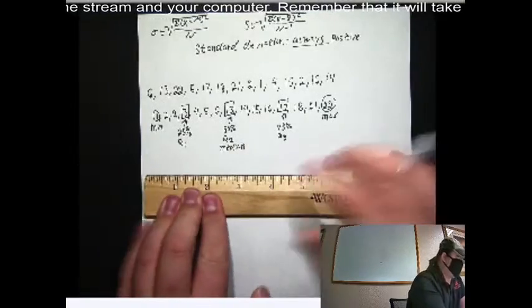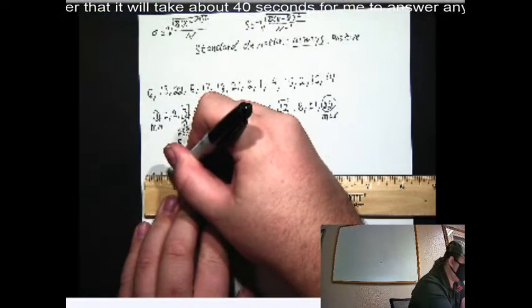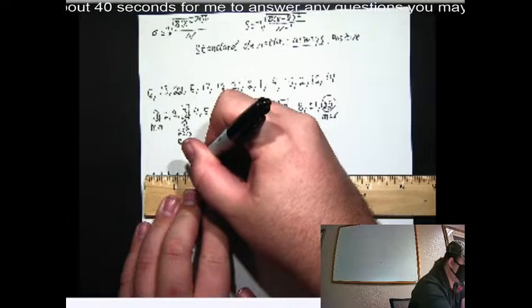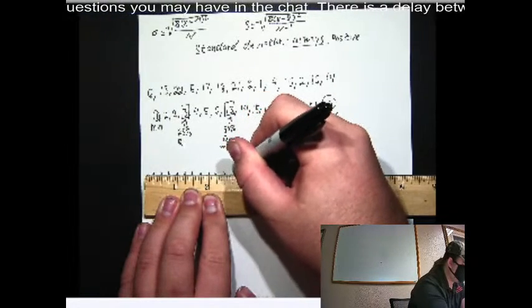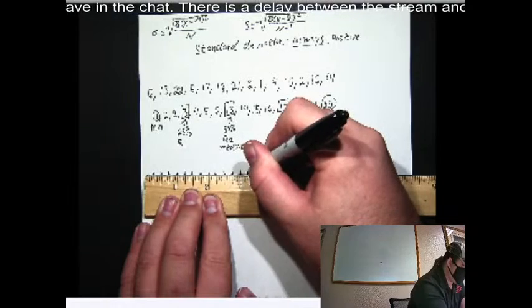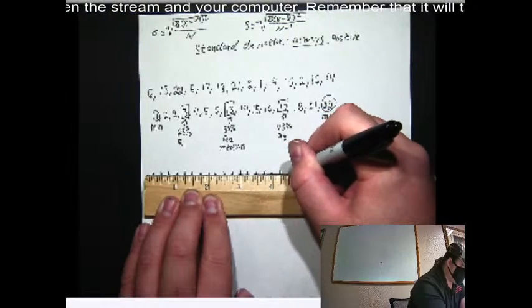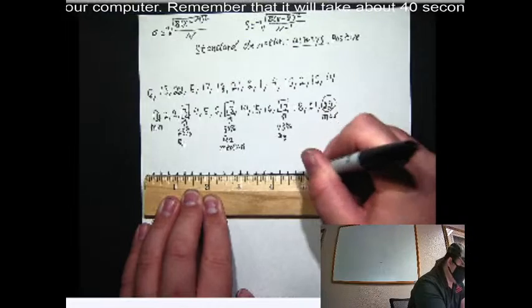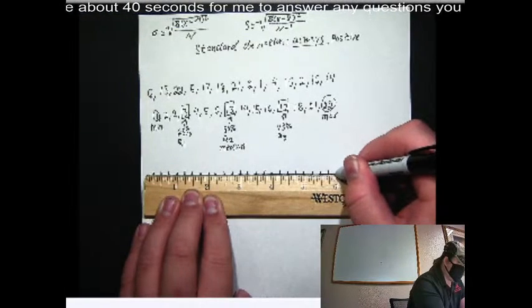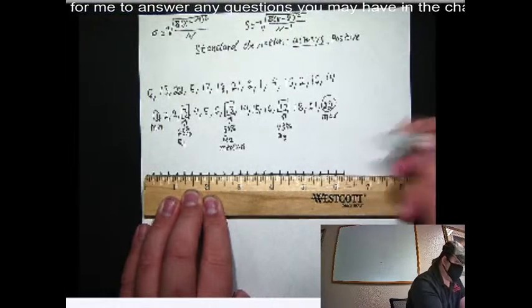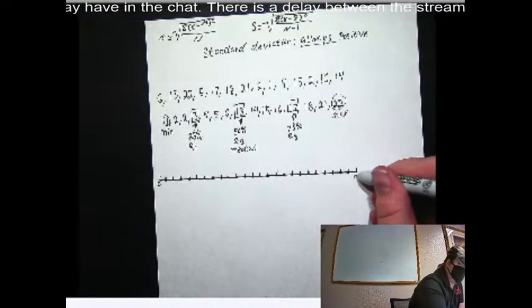Okay, so let me just make a number line real quick to graph this on. Okay, so I've got a number line here that goes from 0 to 25.